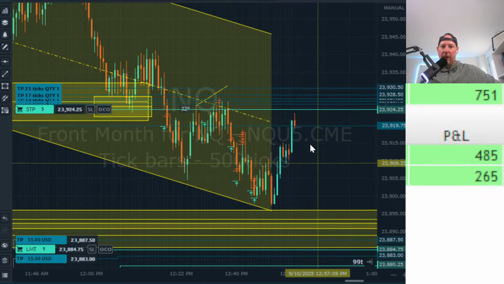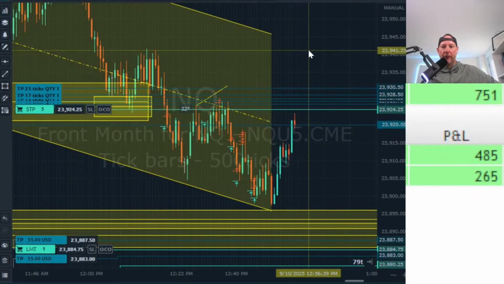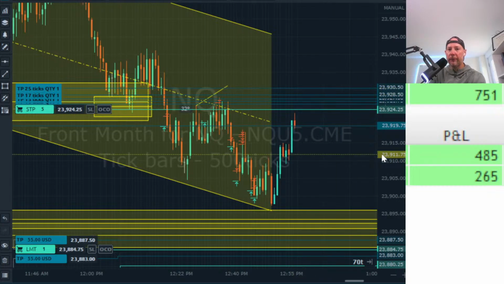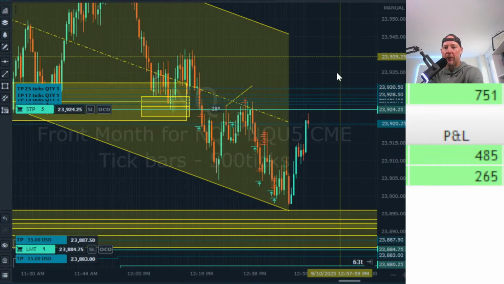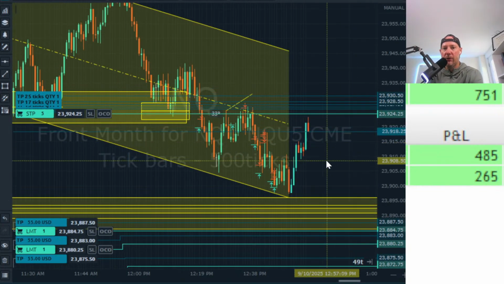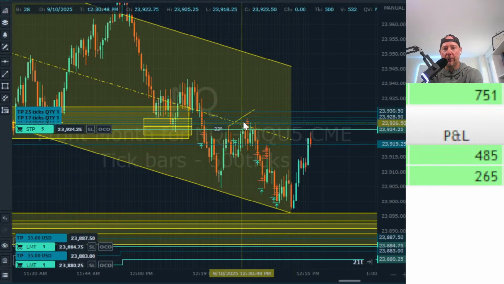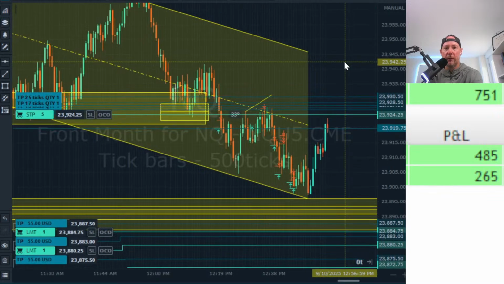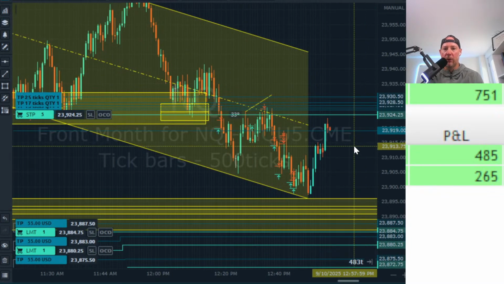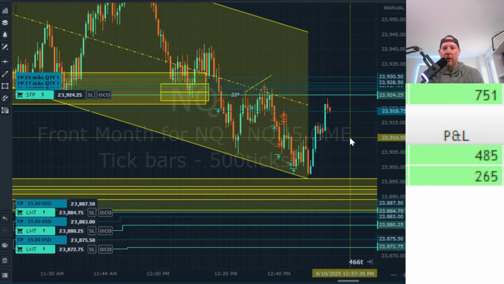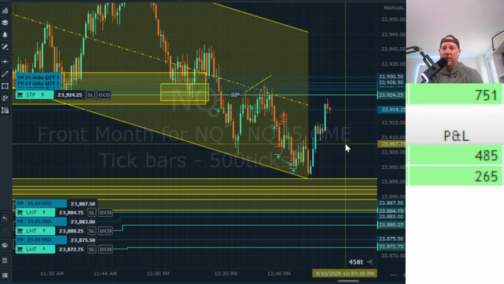I need to get a red candle here. Okay, good, we're getting that. It's a little risky because it's sort of in the middle of this range. However, there are definitely some stops over there that we can work with. Let's see what happens.